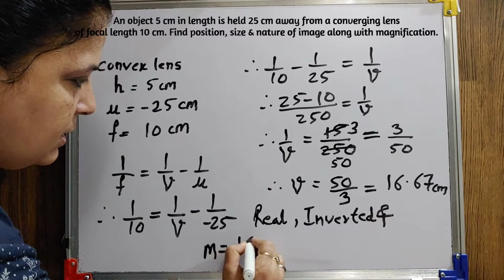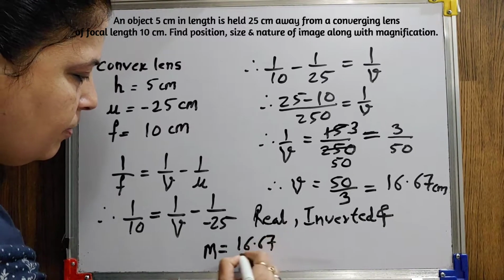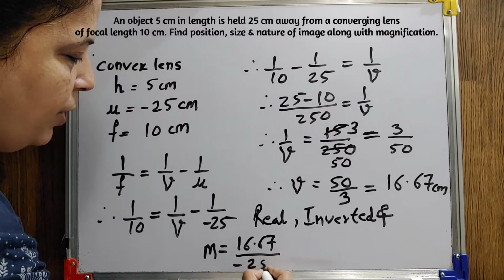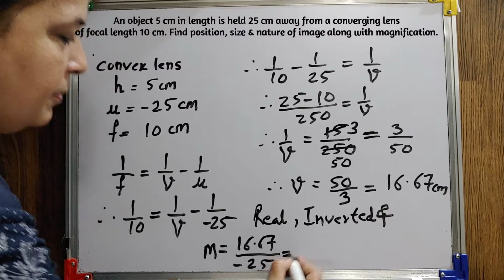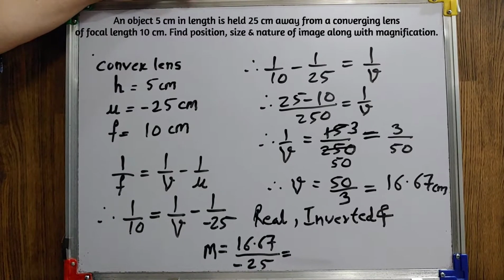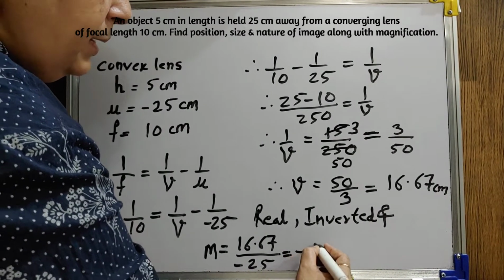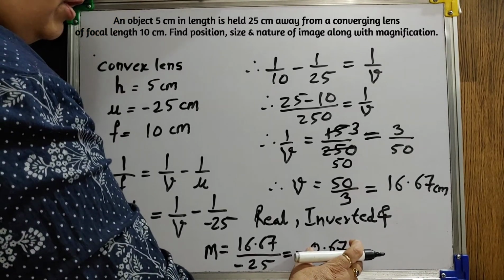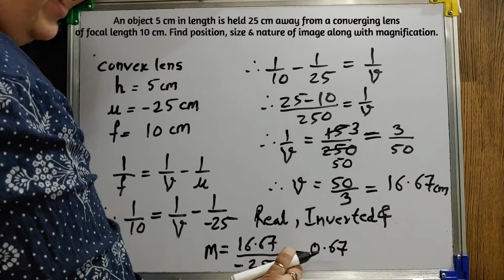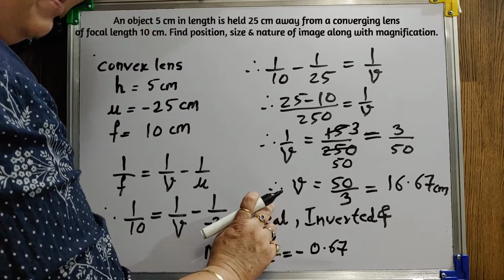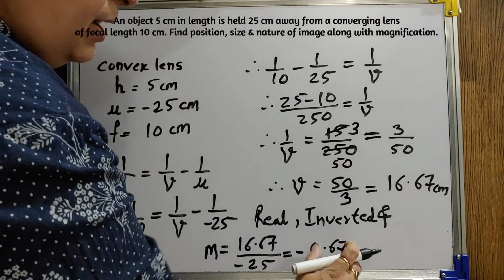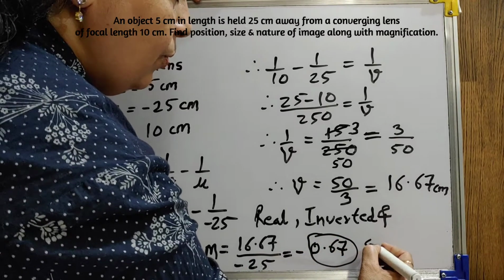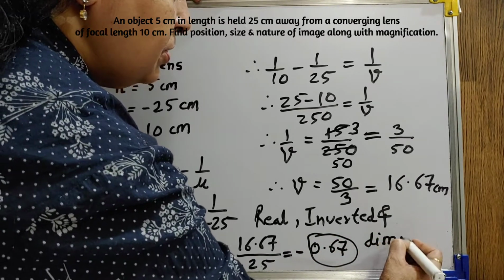Your v is 16.67, your u is minus 25, so m equals v by u, which is minus 0.67. I told you to concentrate on the magnitude; the negative sign indicates it is a real image. This value is less than 1, so it is diminished.